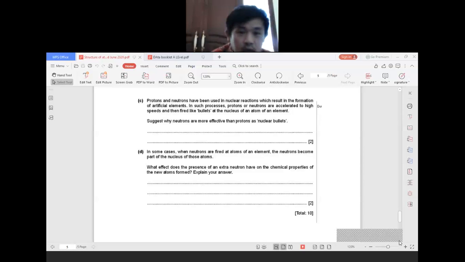Okay, Natasha. D. In some cases, when neutrons are fired at atoms of an element, the neutrons become part of the nucleus of those atoms. What effect does the presence of an extra neutron have on the chemical properties of the new atoms formed? What is the effect?